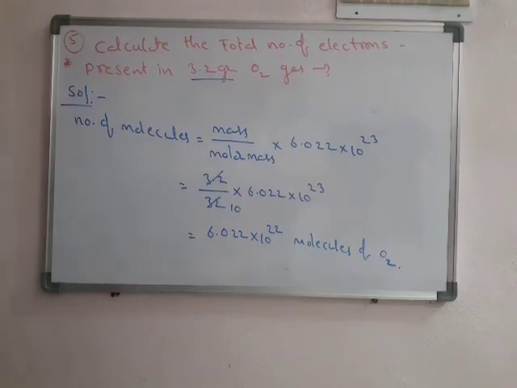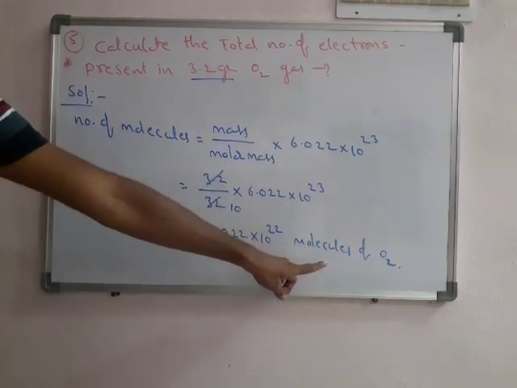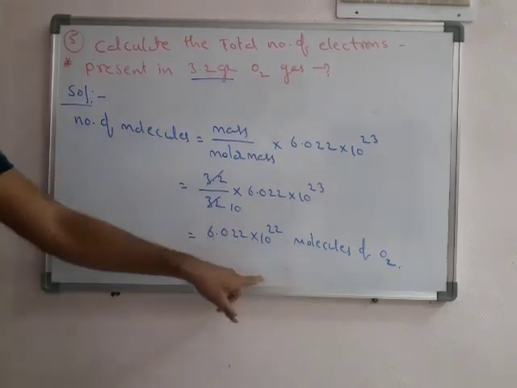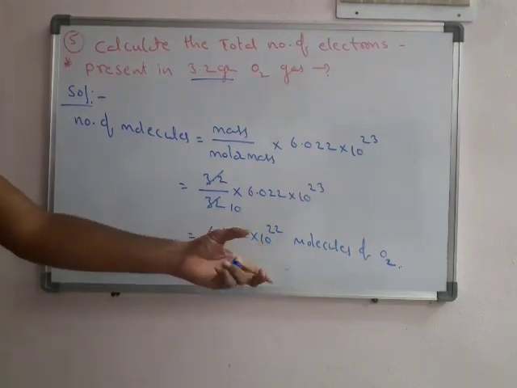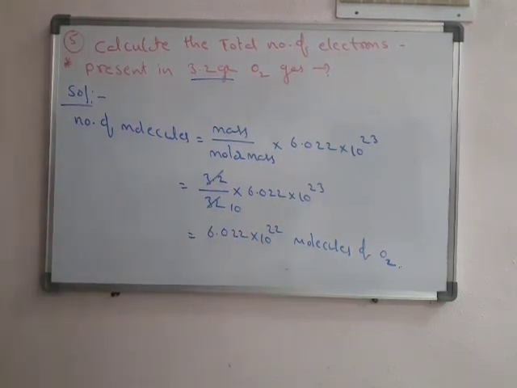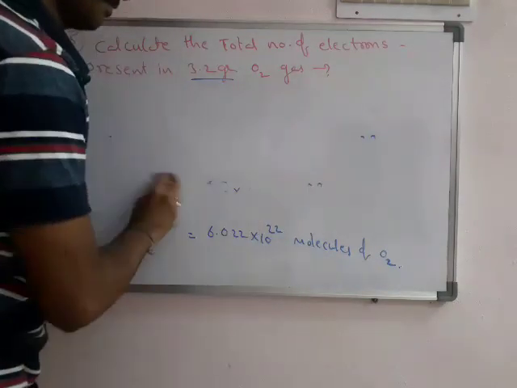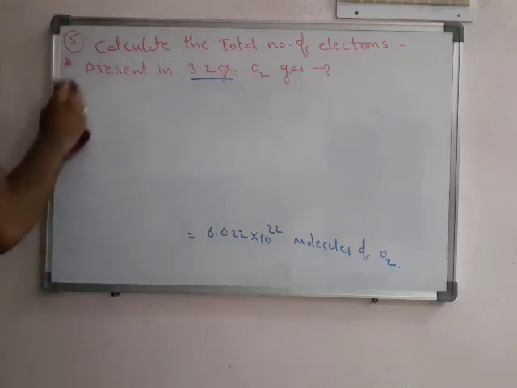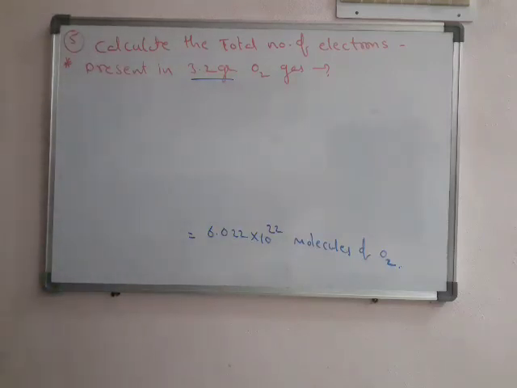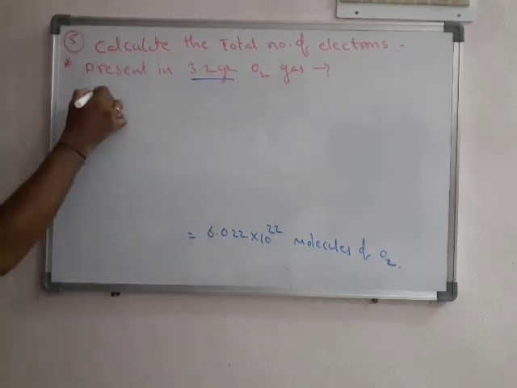So we need to find out the number of electrons. We already know one O2 molecule contains how many electrons? O2 means 8 plus 8, 16 electrons. So then what about the number of electrons in this many molecules? Okay, so I'm continuing this.